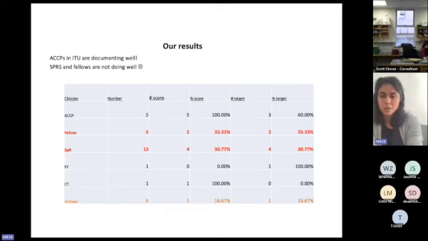And perhaps one of the things that we would implement is some brief teaching at the beginning when doctors are being inducted into the department, as to why these parameters are important, and to just emphasize that.